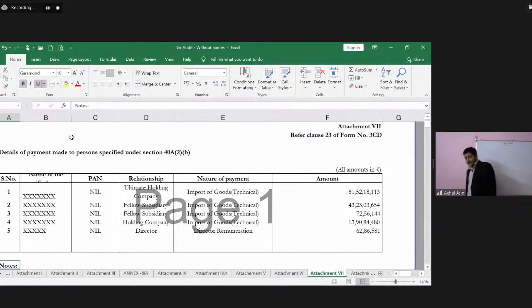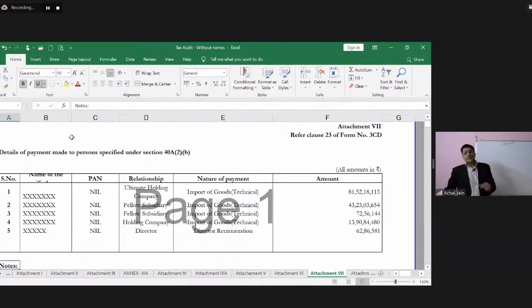This clause requires that if there are any transactions with related parties... Now these are the related parties, not as per Ind AS or Indian GAAP, but I'm just using this term related parties as per the Income Tax Act.